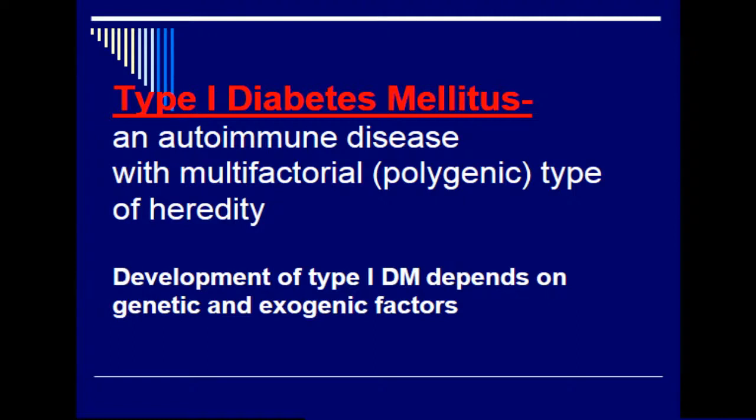Diabetes mellitus is an autoimmune disease with multifactorial or polygenic type of heredity. Development of diabetes mellitus depends on genetic and exogenic factors.